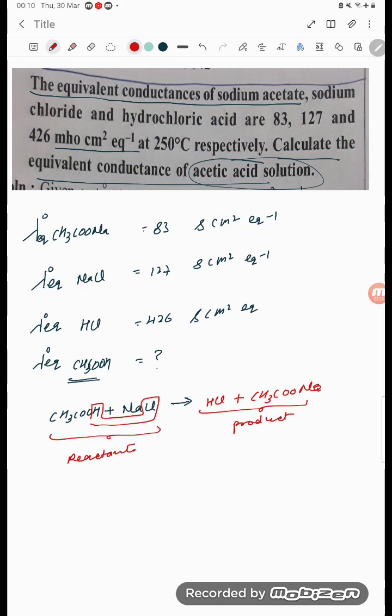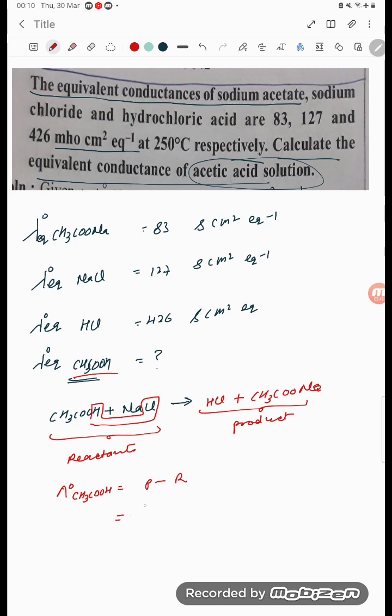So how can you find it? Product minus reactant you need to do, right? Product minus reactant. Equivalent conductivity I am mentioning with the smaller lambda. So here, lambda m of CH3COOH is equal to product minus reactant.